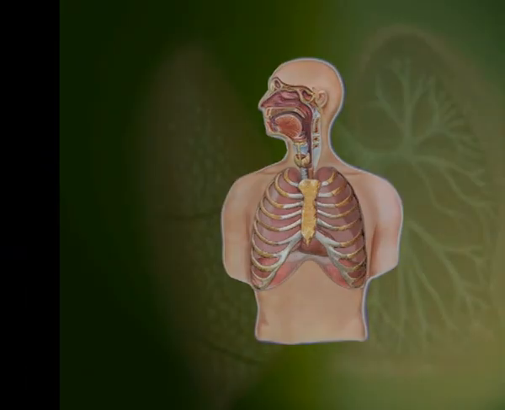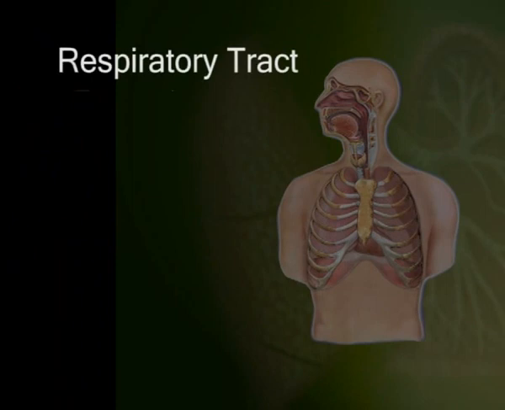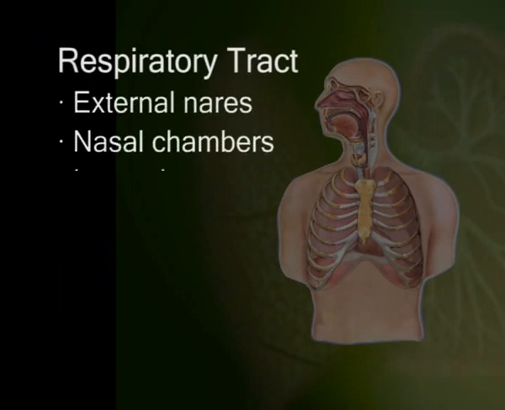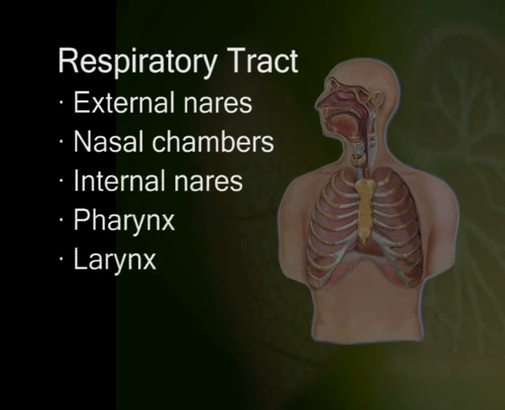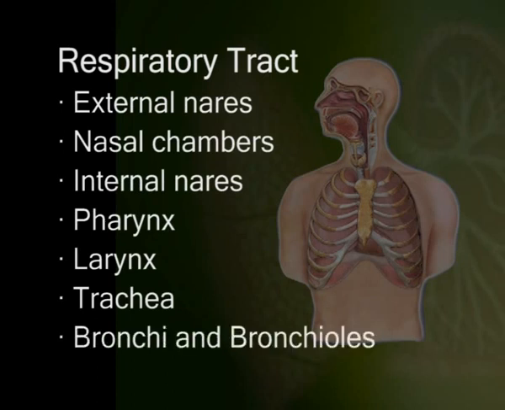The respiratory tract consists of external nares, nasal chambers, internal nares, pharynx, larynx, trachea, bronchi and bronchioles. We will study all these parts in detail.